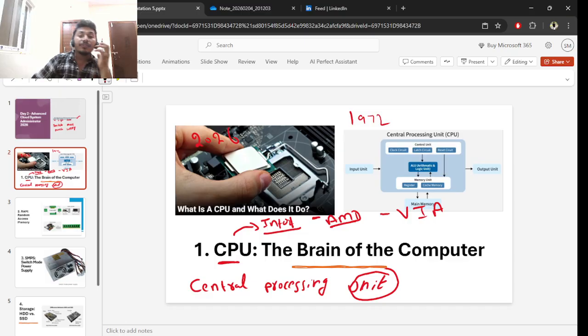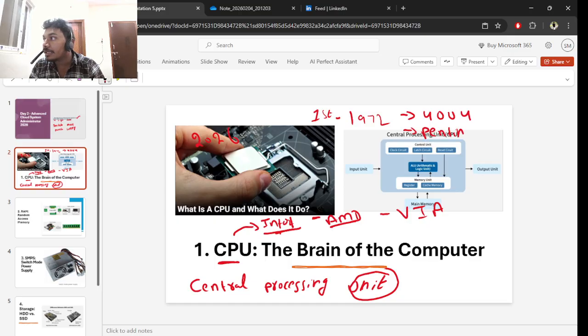In the beginning, in 1972, Intel designed its first processor. This processor is the 4004. Then the second one is the Pentium family, which arrived in 1997.